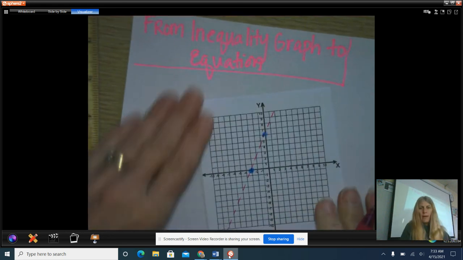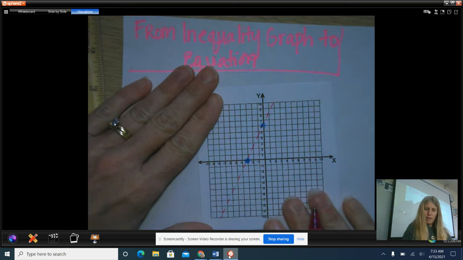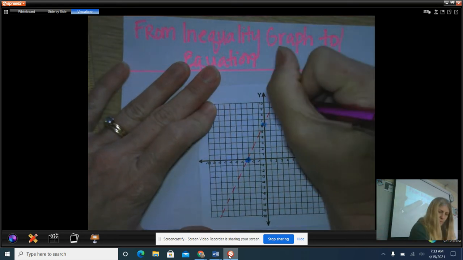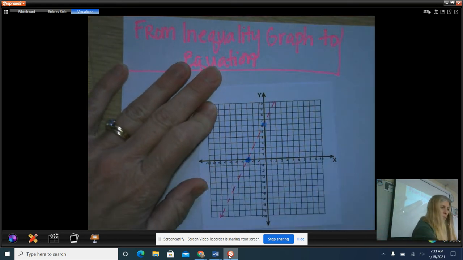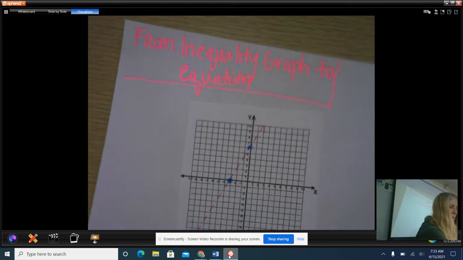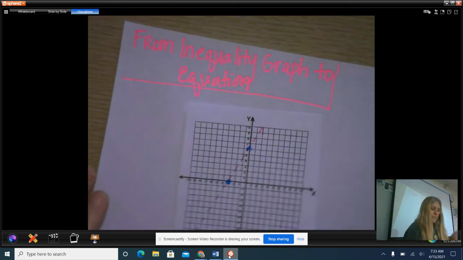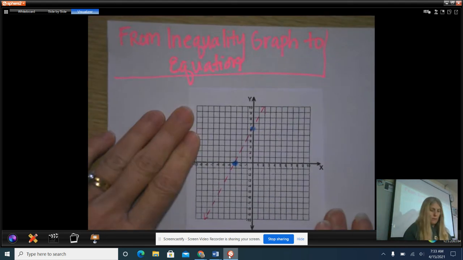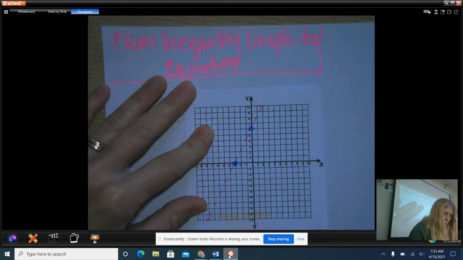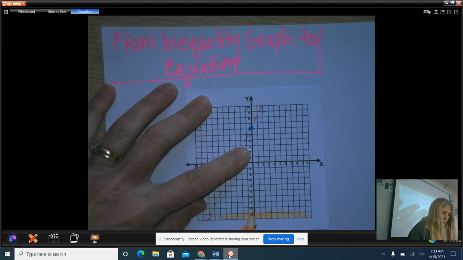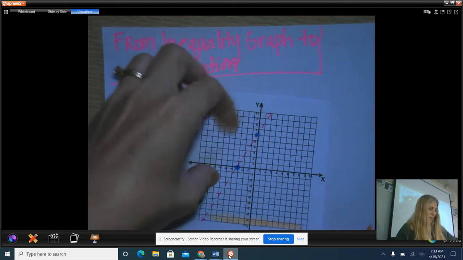Okay, we're going to go ahead and draw an arrow on both ends. And then we're going to very neatly and nicely shade the area that is below. So we're going to shade underneath. And remember, we want to practice shading really nicely.